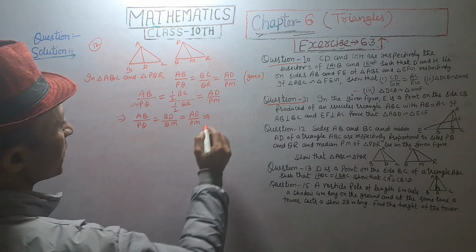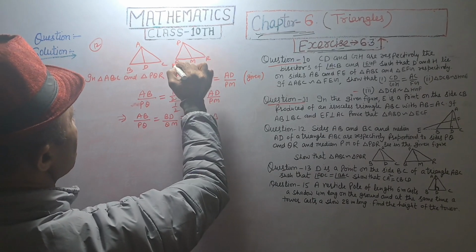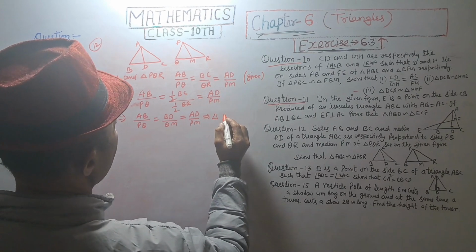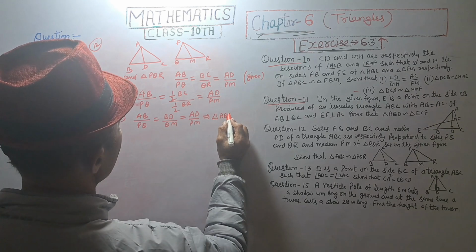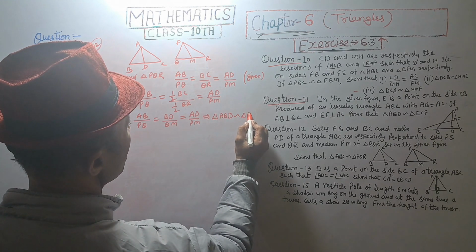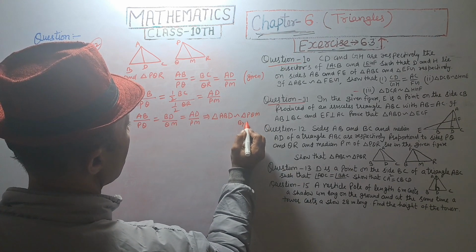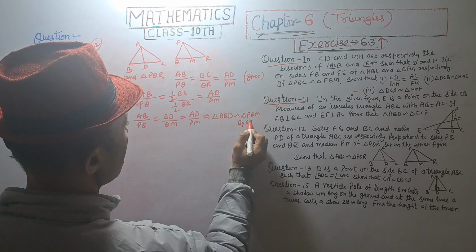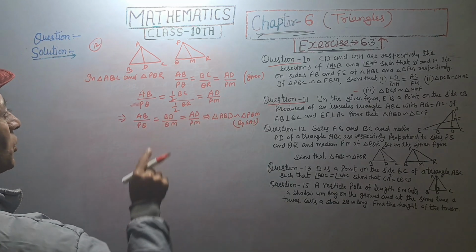This implies triangle ABD and PQM are similar. Triangle ABD is similar to triangle PQM by SAS rule, side angle side rule.